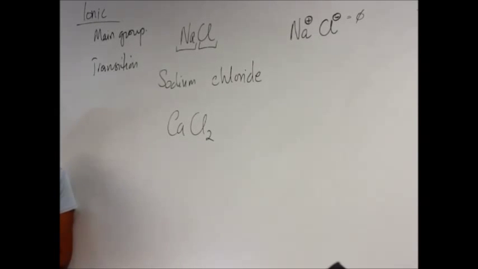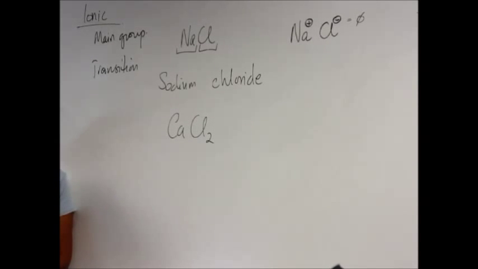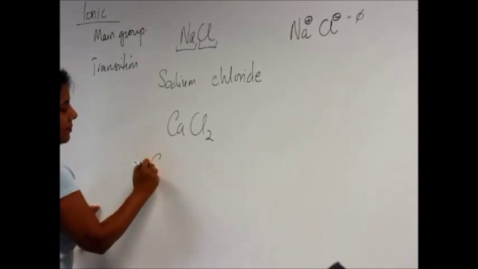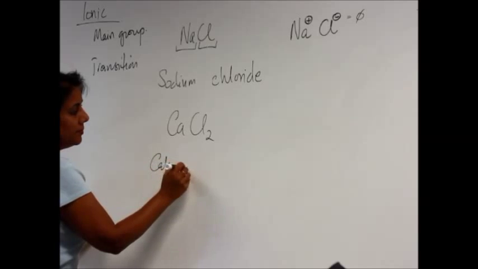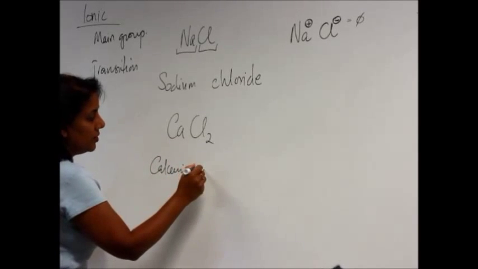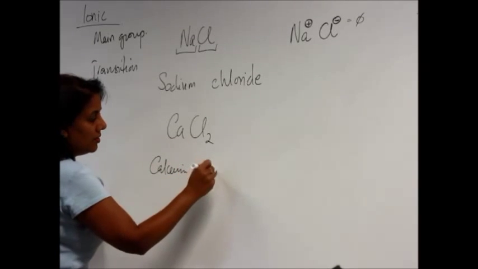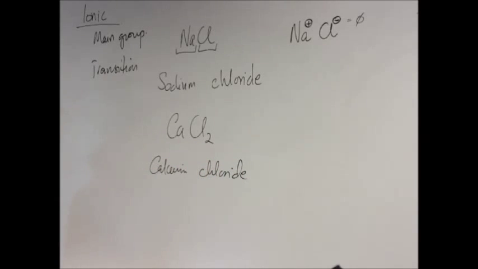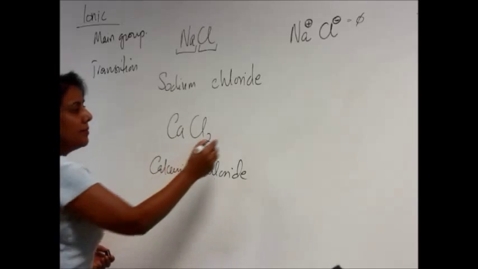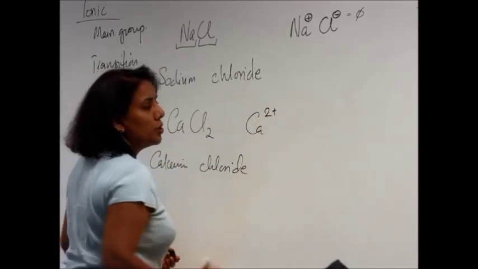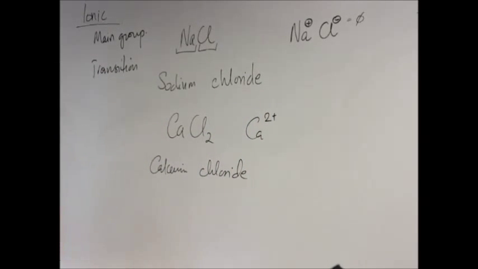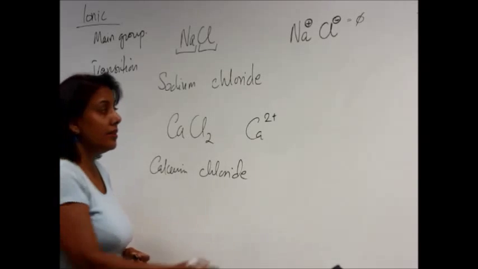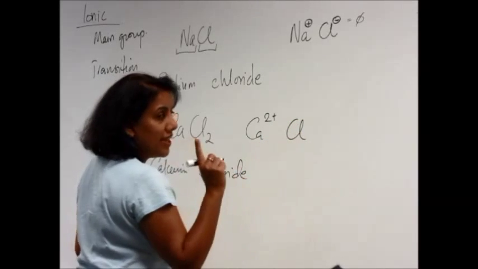A compound between calcium and chlorine. The name would be calcium chloride. The charges that we have: calcium is 2+, and chlorine is -1.